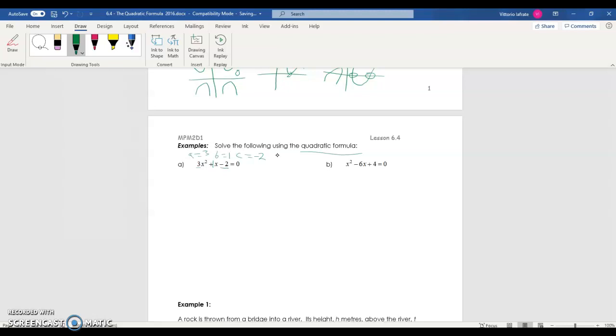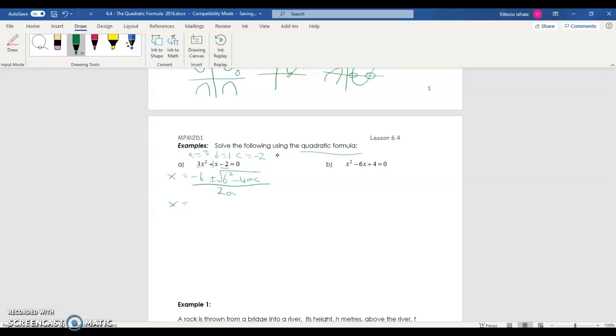So let's write out our quadratic formula. We have x is equal to minus b plus or minus square root of b squared minus 4ac. Make sure that's all in the square root there. All over 2a. And so now we're going to plug in our numbers.